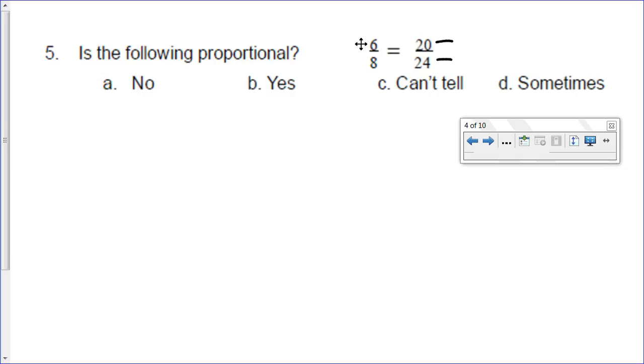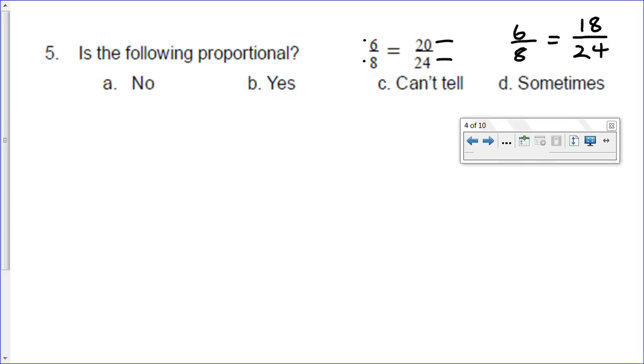That's pretty much the best way, things being proportional just means that you could multiply both of the things by the same number. I'll give you an example of what would have been proportional: if it was 6 over 8, and we'll stay with the 24, but instead of 20, it was 18.